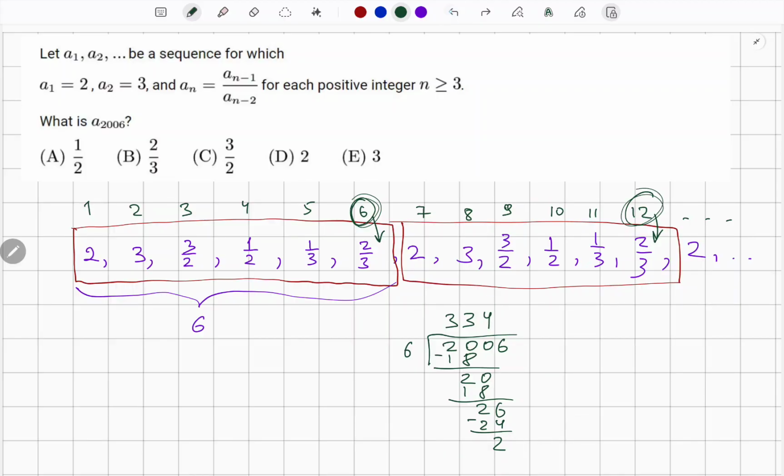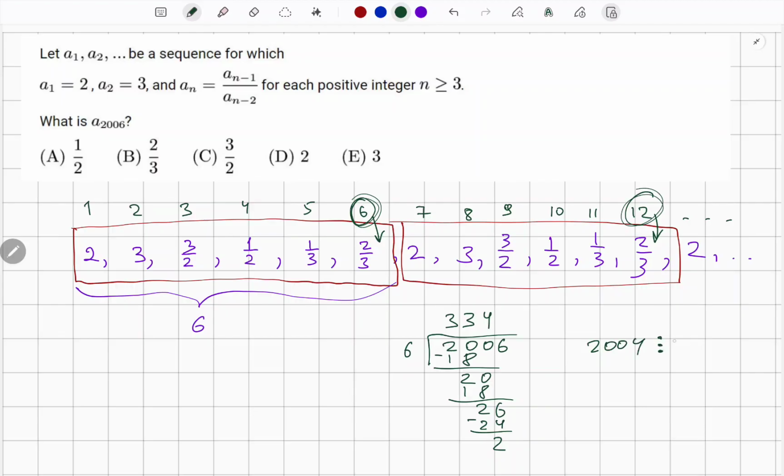What does this mean? It means that if I take 334 periods, the last term of the last period is 2/3. In other words, I can subtract the remainder. I know 2004 is divisible by 6.